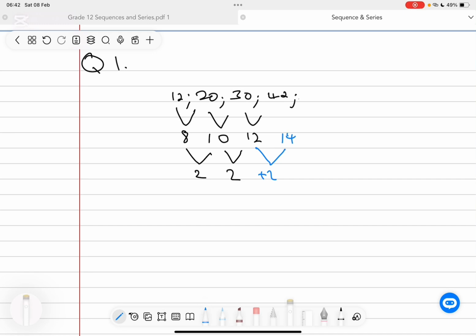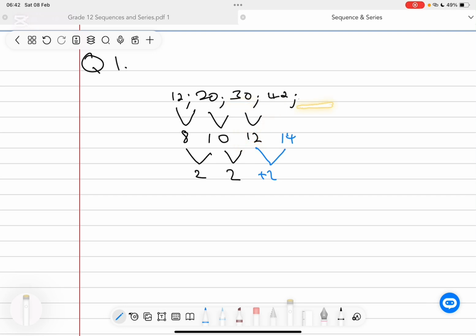However, notice that if we say 12 plus the 8, we get the 20, because for us to get this 8, we subtracted 20 and 12. So it's a reverse process. The same is true if we say 20 plus 10, we get 30. And 30 plus 12 gives us the 42.